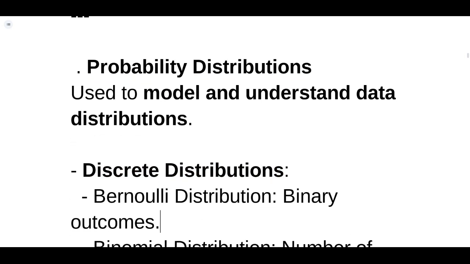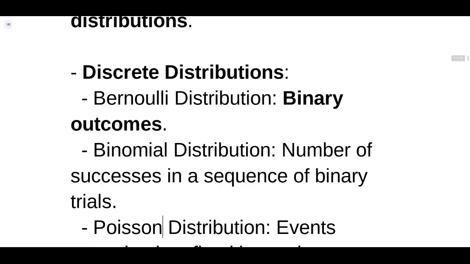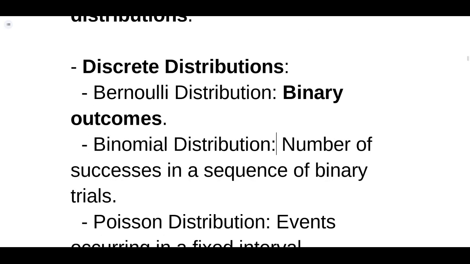Discrete distributions: Bernoulli distribution, which is for binary outcomes. Binomial distribution, the number of successes in a sequence of binary trials.